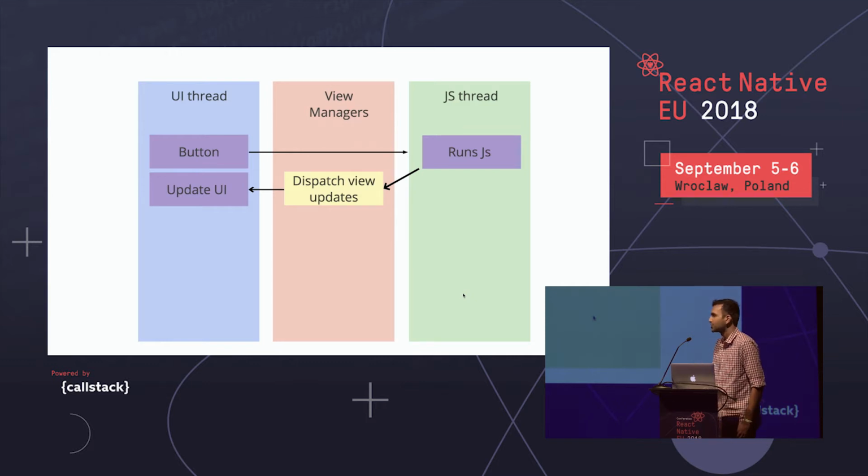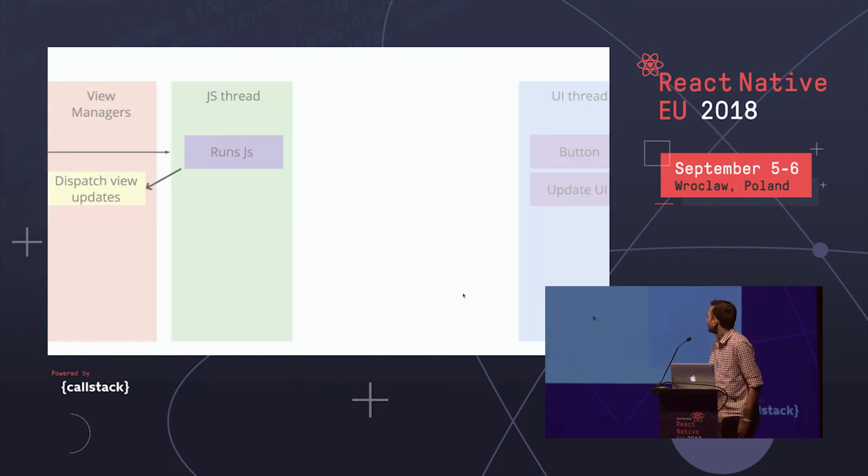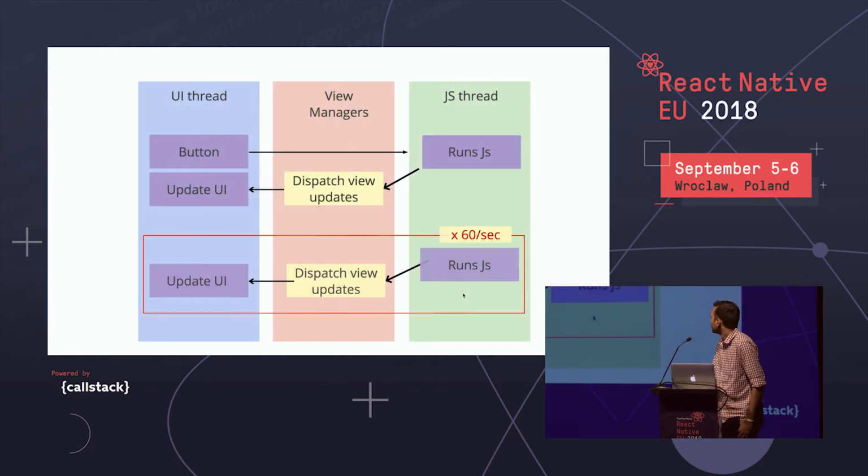So what happens if you have an animation that you have written in JavaScript, where the computation is actually happening in JavaScript? Let's look at that. You want your animation to be smooth. You don't want it to be jittery.